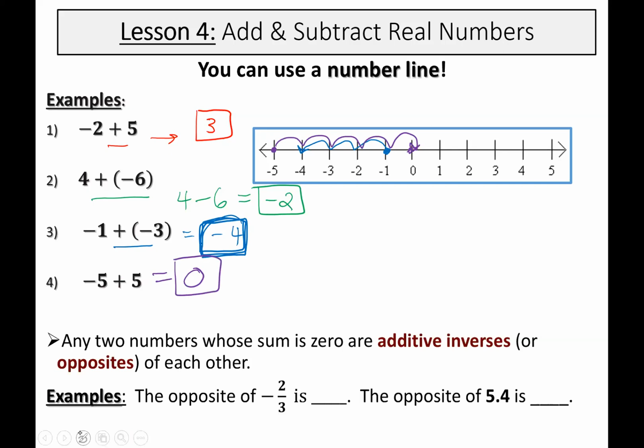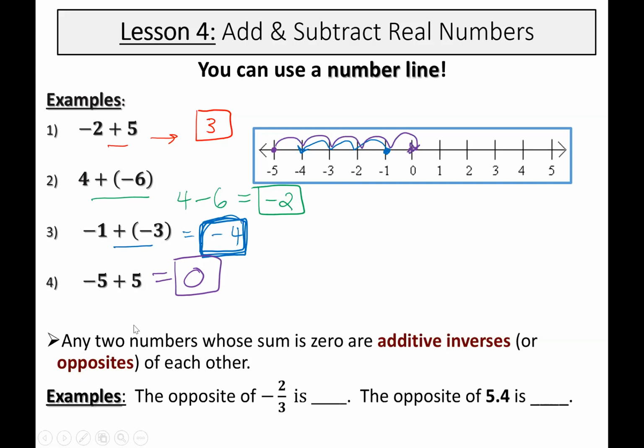These numbers are called opposites or additive inverses. So that's the next little vocab question for you right below. Or definition along with some questions. Any 2 numbers whose sum is 0, which is what we just saw, those numbers are additive inverses or opposites of each other. So it's essentially the same number, but with opposite signs, one positive, one negative.